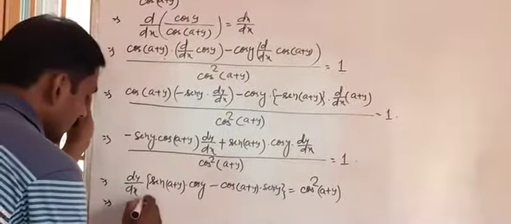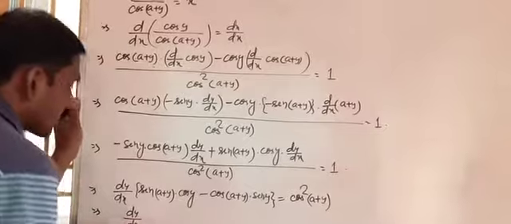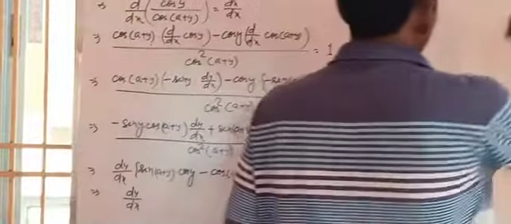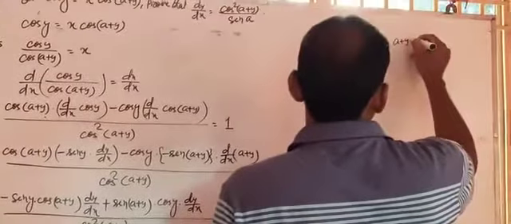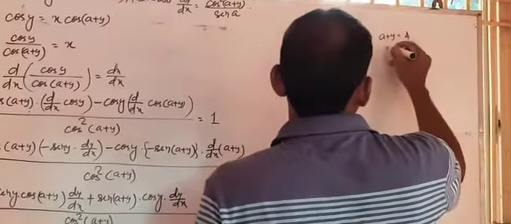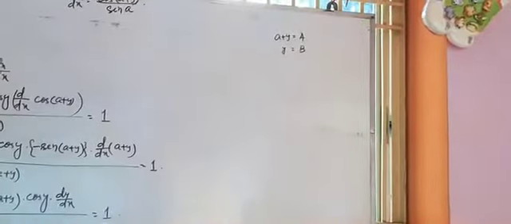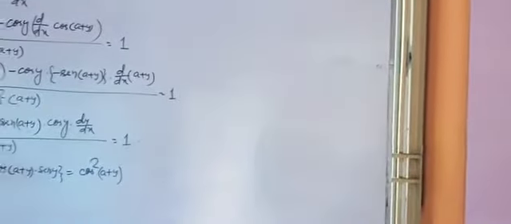Now this is dy by dx. Now students, if we take x plus y as a and only y as b, and if you put it here, then what are you getting?